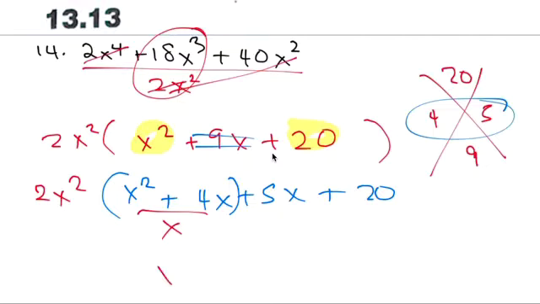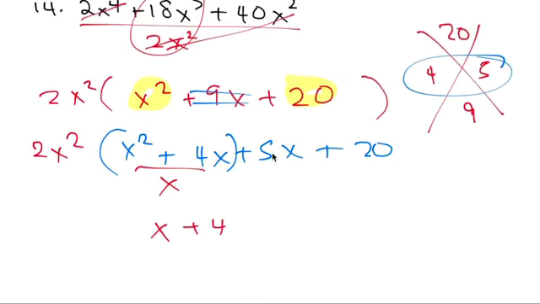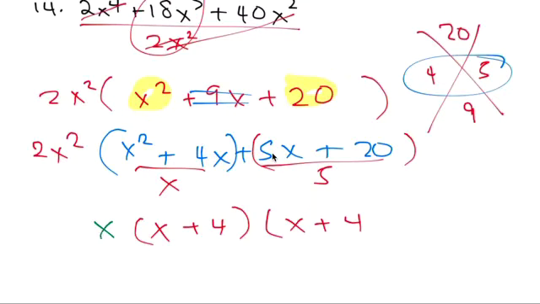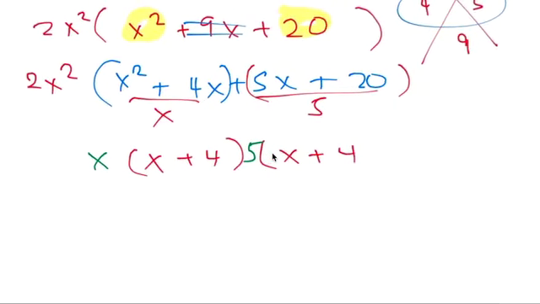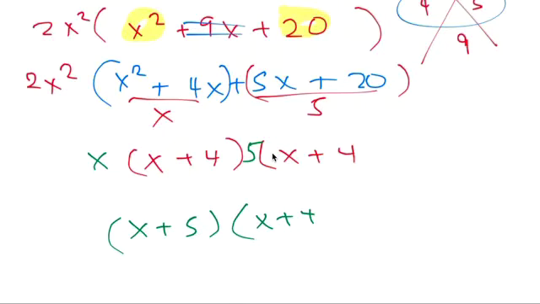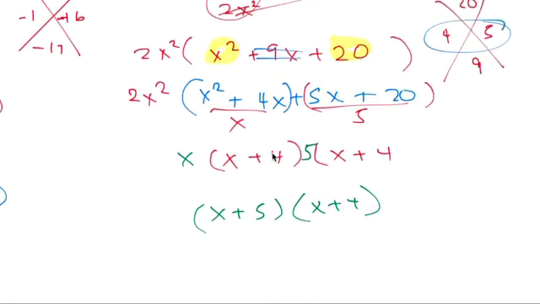Divided by x, you get x plus 4. Divided by 5, you get x plus 4. So you factored out an x and you factored out a 5. So x plus 5, and don't forget that 2x squared.